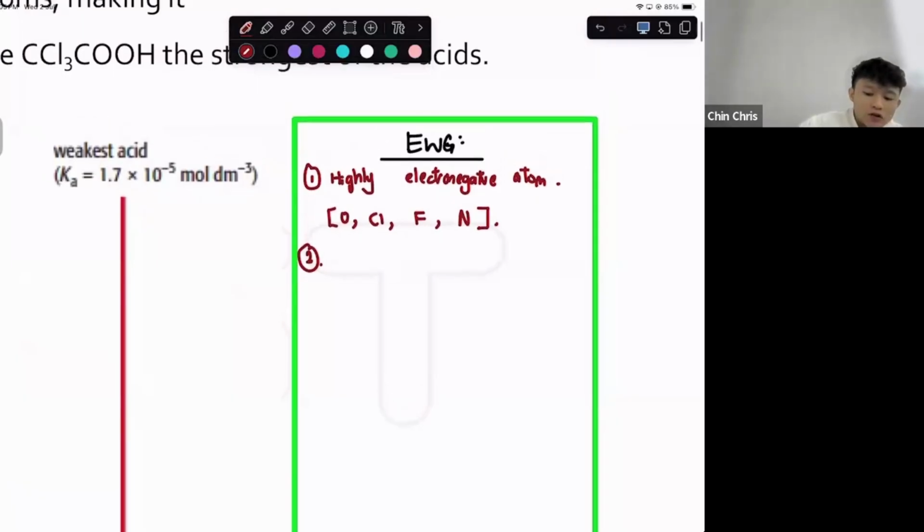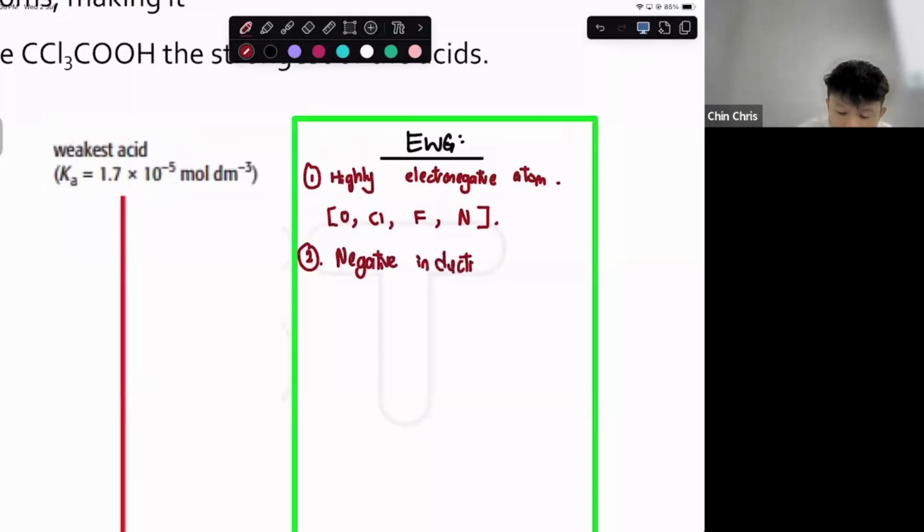Alright guys, next. You should remember for EDG, electron donating group, in AS I did mention that electron donating alkyl groups have a positive inductive effect. Let's say if it's EWG, negative. So EWG will always have a negative inductive effect.